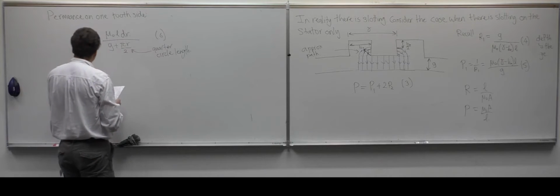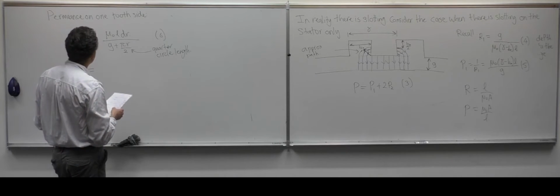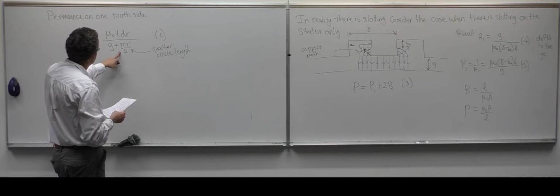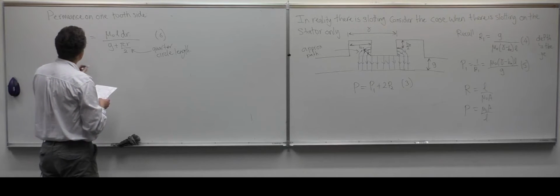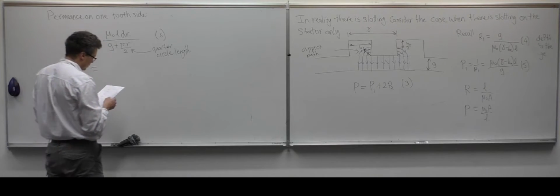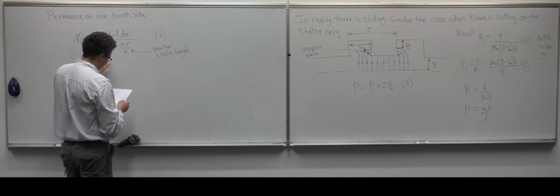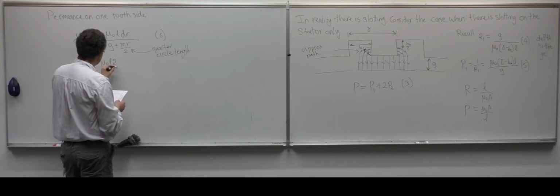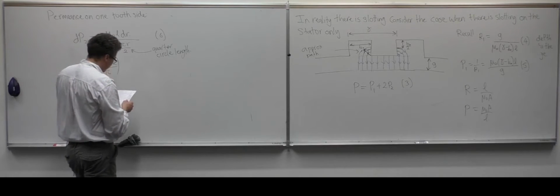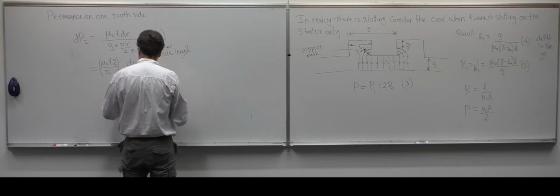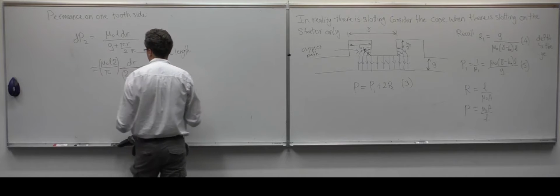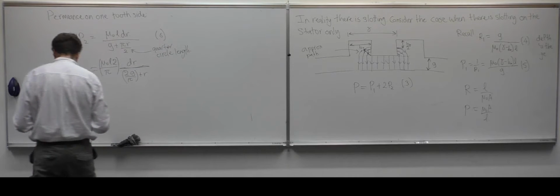So P2 is, let me just do one more step. I'm going to just rearrange this. It's going to be mu naught L 2 divided by pi out here, and so then that gives dr divided by 2g divided by pi plus r, like that, because now it's a simpler form.